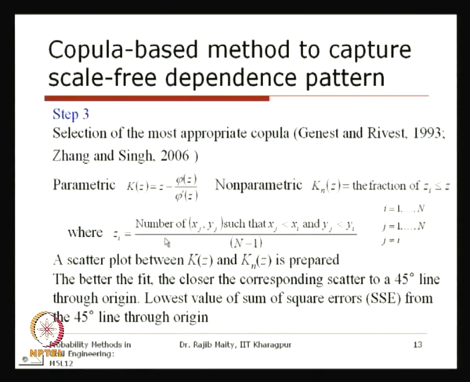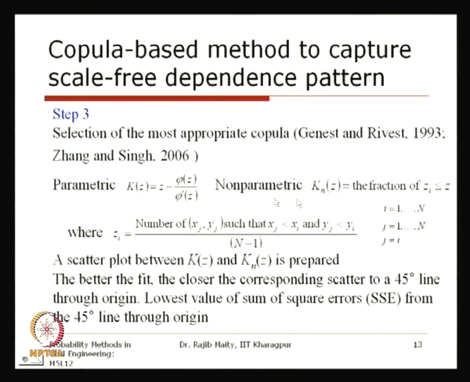Now, z_i equals the number of (x_j, y_j) such that x_j is less than x_i and y_j is less than y_i, divided by n minus 1, where i varies from 1 to n, j varies from 1 to n, but i and j are not equal to each other. In this way we will get both estimates, K(z) and K_n(z), one parametric, another non-parametric.